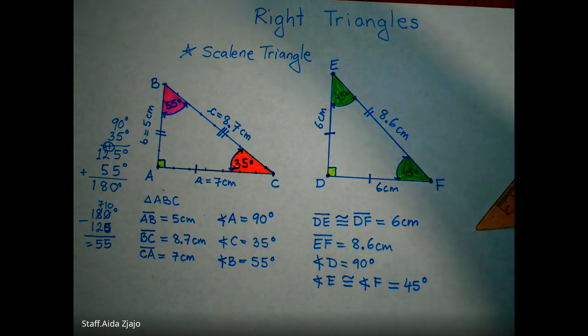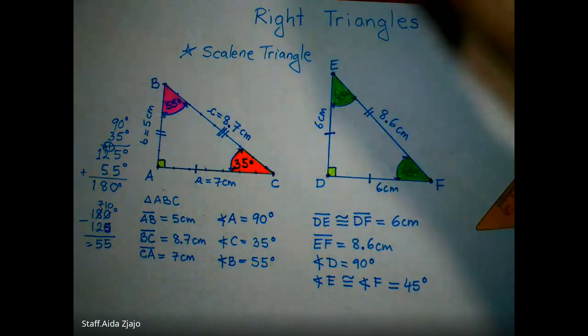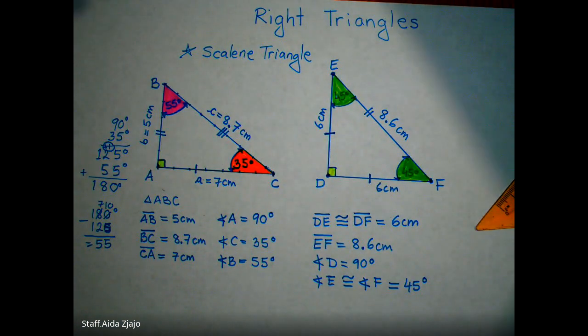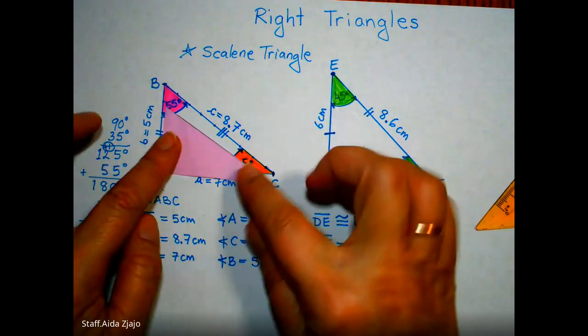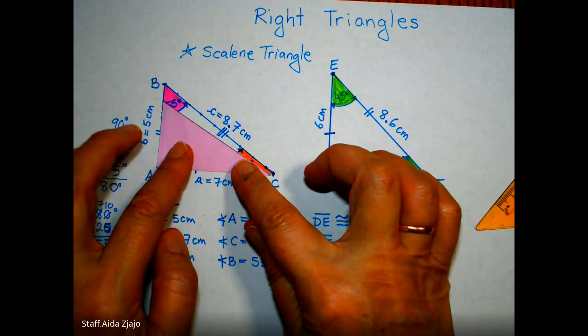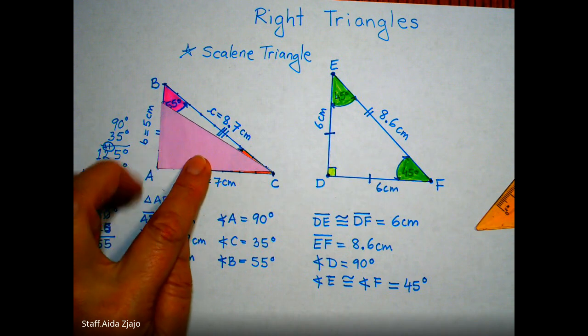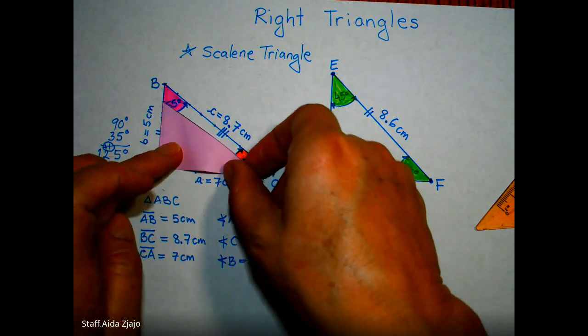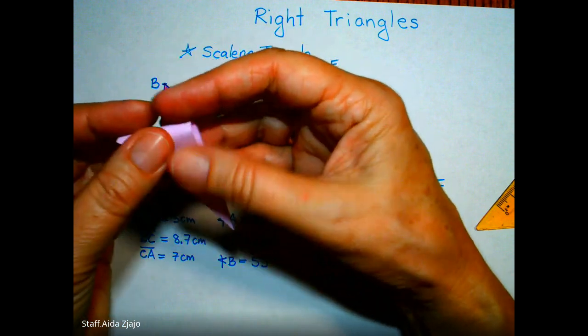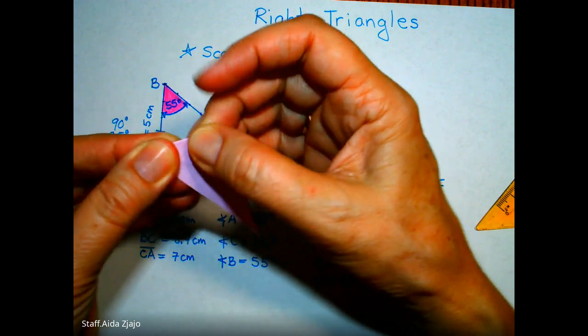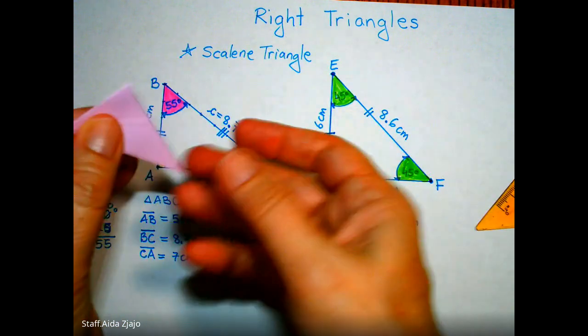I created this. You see the triangle, something similar. I did not have one that is slightly smaller, but that's okay. We can check because it's the same. And if you try to fold it, it will not be a perfect fit.